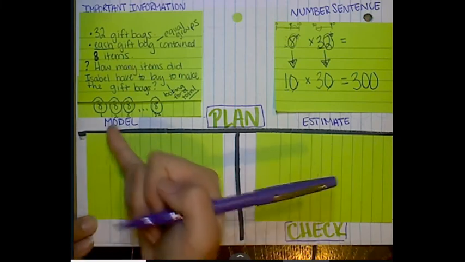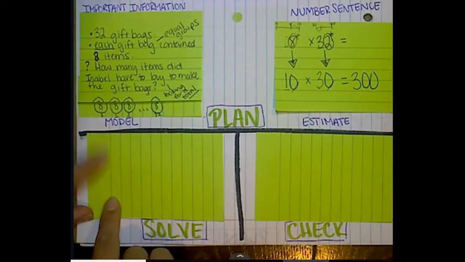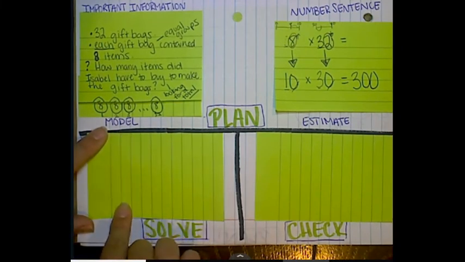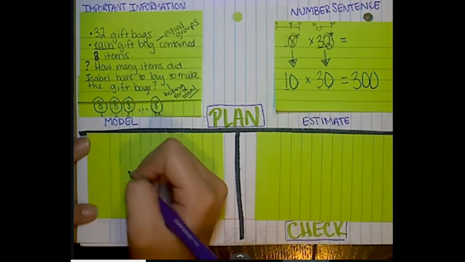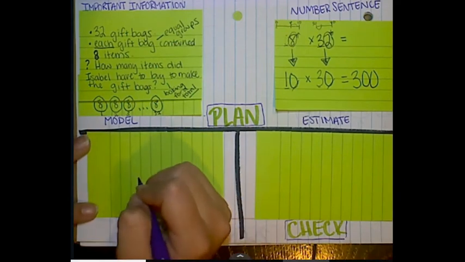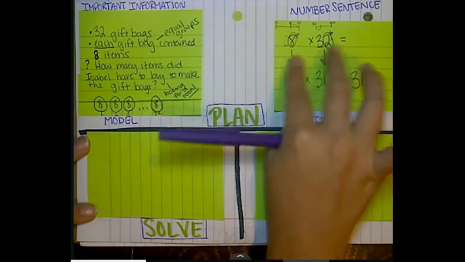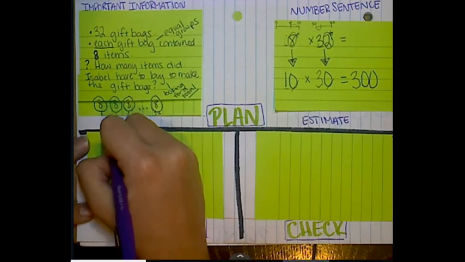When I'm solving for anything, I like to make sure my columns or rows are up and down. That way I can have a little row for each place value, and it makes it look a lot neater, and it's easier to find mistakes and to follow along with your work. So I'm going to put the number with the most digits on top. So even though this came first, I'm going to put 32 on top.